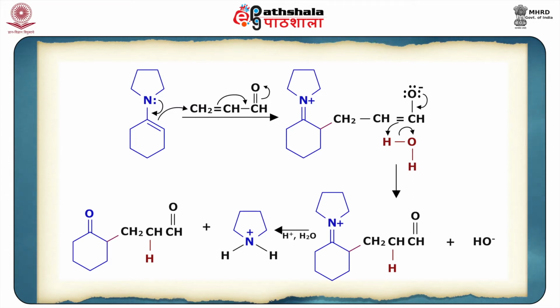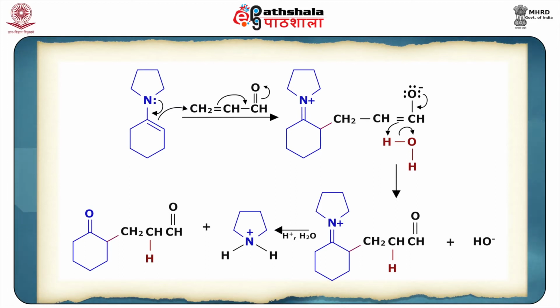When this enamine is reacted with this conjugated carbonyl, the lone pair over the nitrogen will move, and this particular carbon of the double bond will attack as a carbanion to the beta carbon of the conjugated carbonyl system, and you get this intermediate.